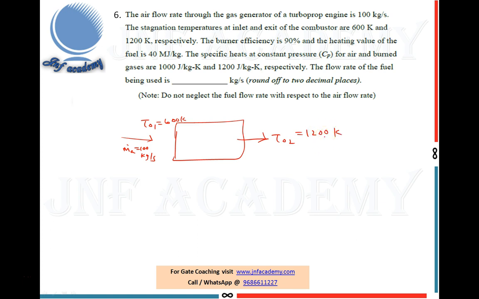Okay, they have given the burner efficiency, eta B, to be 90%.